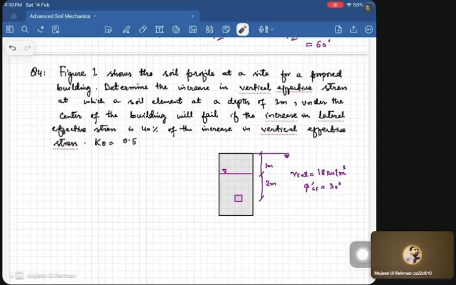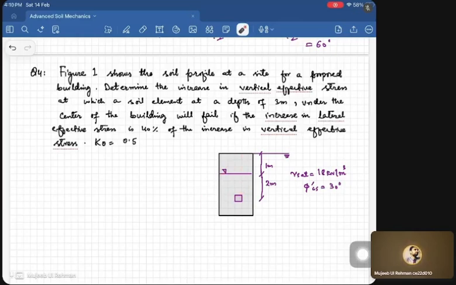And one more important point is that the soil element is at the center of the building. If for example the building is here, it corresponds to the center of the building. If the soil element were laid far from here, then the stress distribution would have to be taken into account. Since this is completely under it, we can use the relationships similarly.